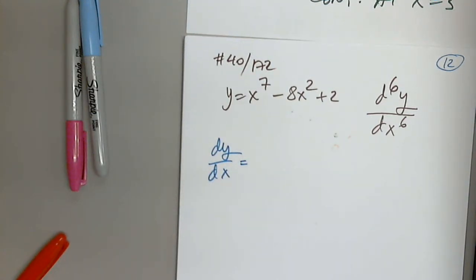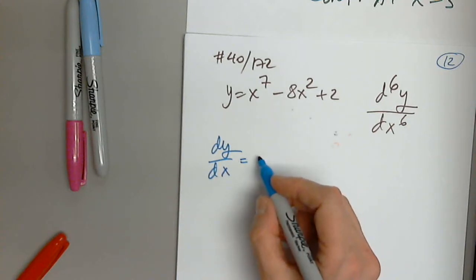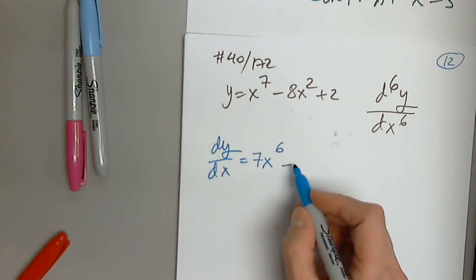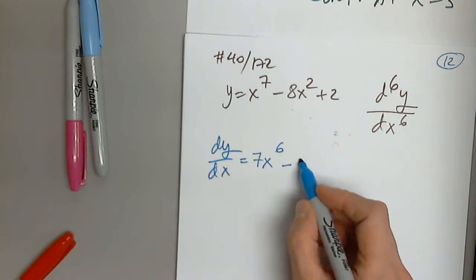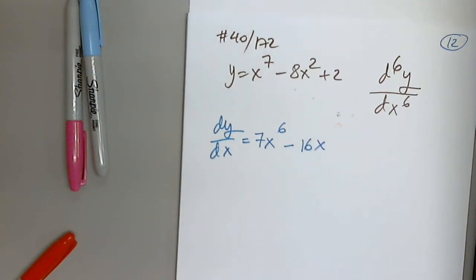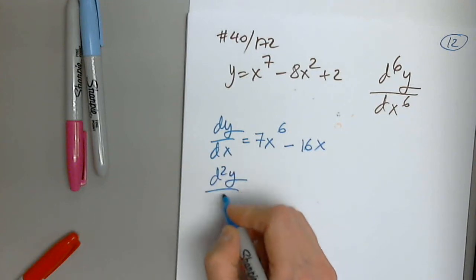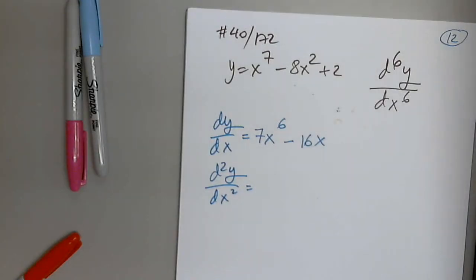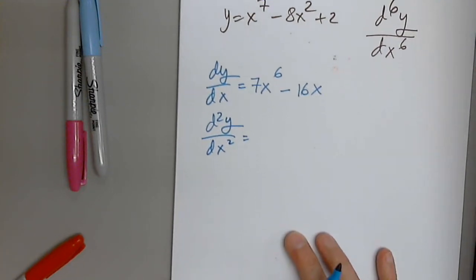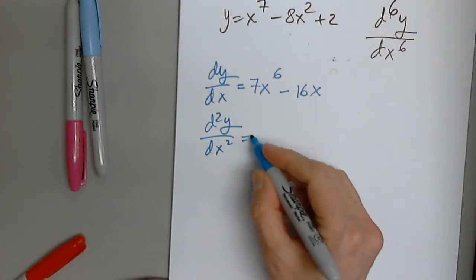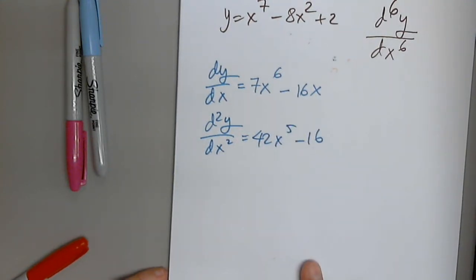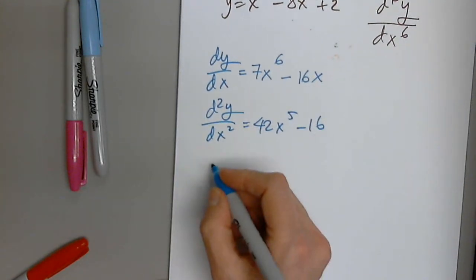And we get 7x to the 6th minus 16x. Perfect. d2y over dx2, the 2nd derivative, is 42x to the 5th minus 16. Perfect. You have to do them all until you get to 6.